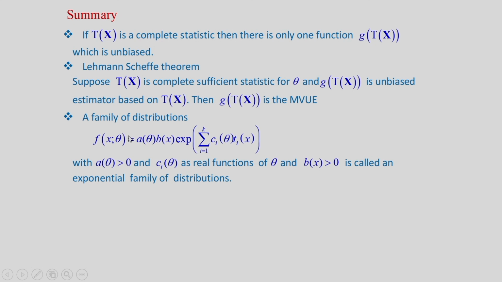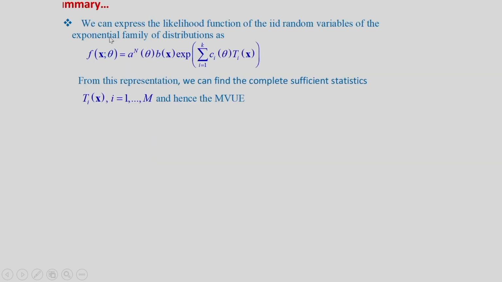We can express the likelihood function of the IID random variables of the exponential family in this form, that is f of x vector theta as a function of theta. This is the likelihood function or joint PDF.